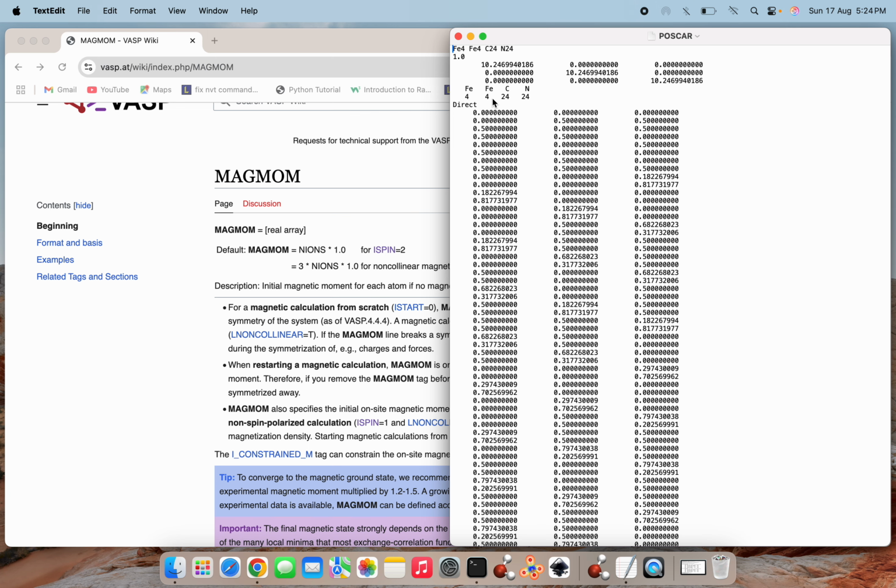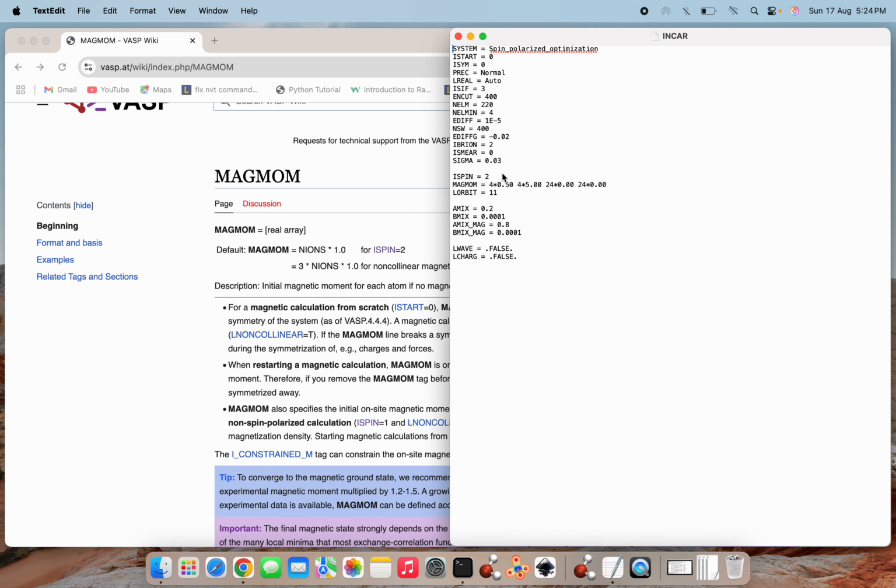So as per this POSCAR we have written our INCAR like this: 4 into this magnetic moment value, then 4 into another value, then 24 and 24 respectively for the carbon and nitrogen. As they are non-magnetic, we have not defined any magnetic moment for them, so we have written 0.00.